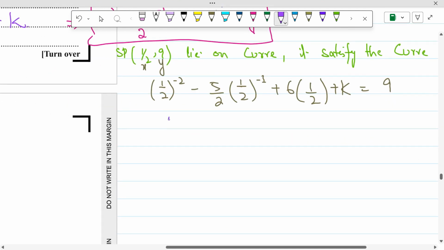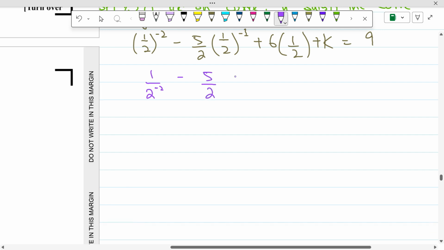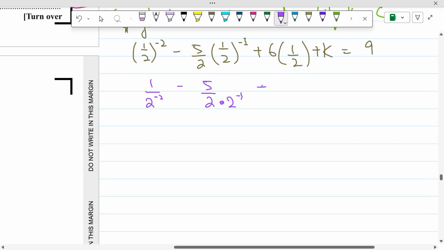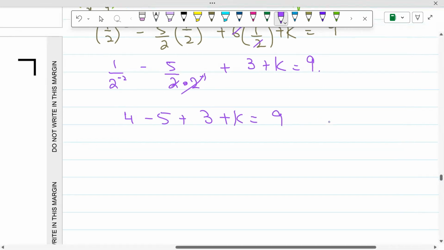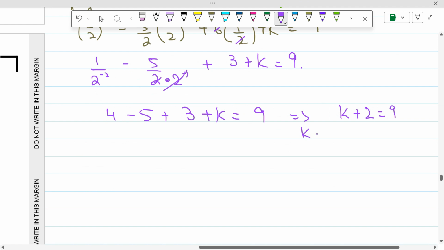So we can write it as 1 over 2 to the power of negative 2 minus 5 over 2 times 2 to the power of negative 1 plus 3 plus k equals 9. This equation can be written as 4, and this one cancels out, and we will have negative 5 plus 3 plus k equals 9. So negative 2 plus k is equal to 9, and k is equal to 7.